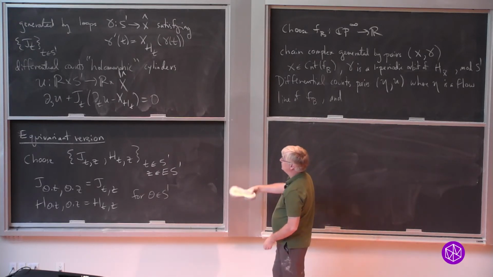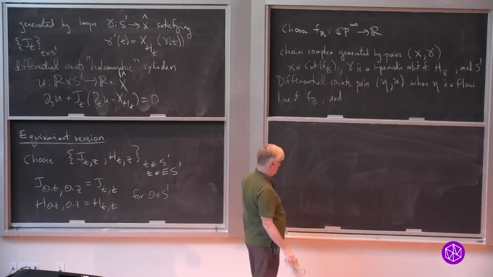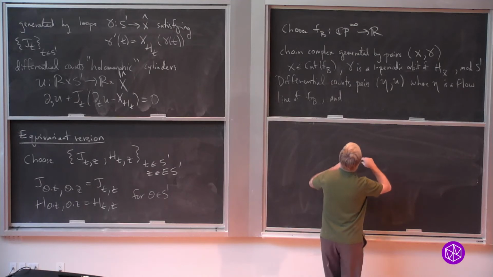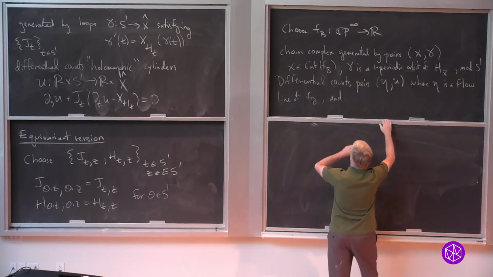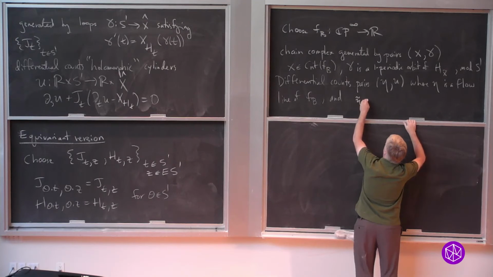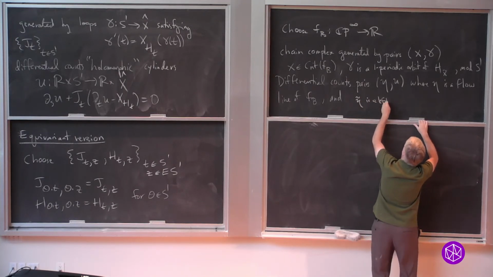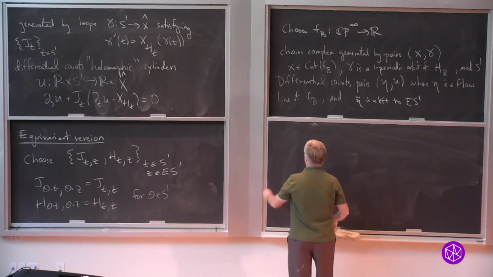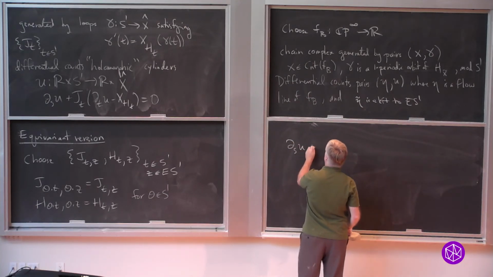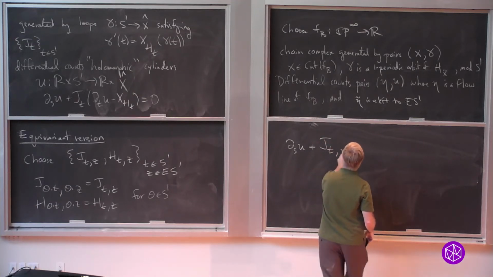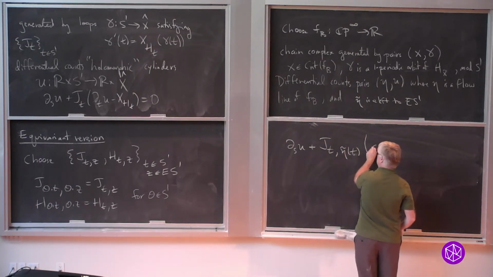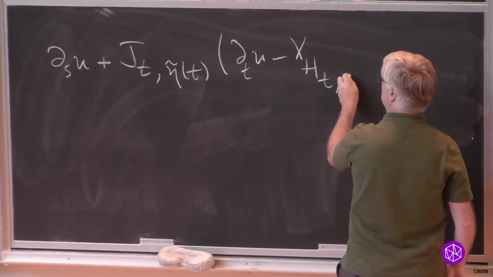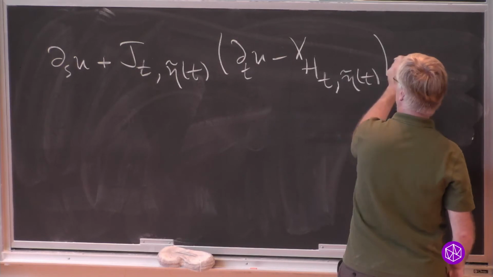And then you have a parameterized version of Floer's equation. So we actually want to take eta tilde to be a lift to ES1, and then you have DSU plus JT, eta tilde of T, of DTU minus XHT, eta tilde of T equals 0.